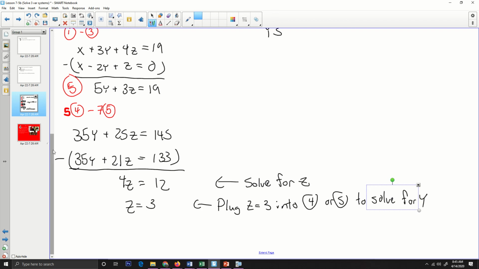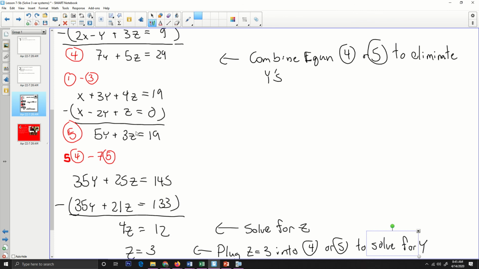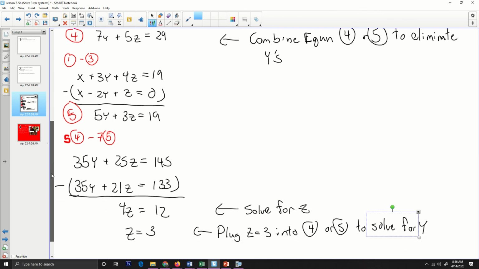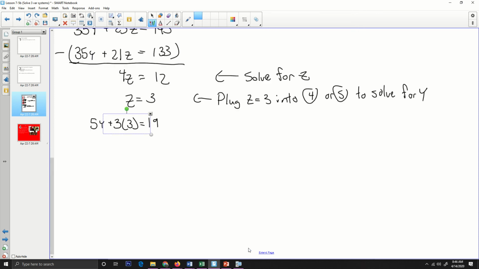Which one will be easier here? This one has smaller numbers, so equation number 5: 5y plus 3 times 3 equals 19. So 5y plus 9 equals 19. Subtract 9 from both sides, I get 5y equals 10, and then y equals 2.